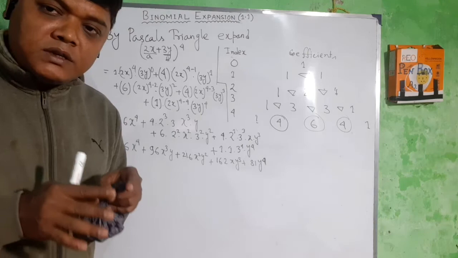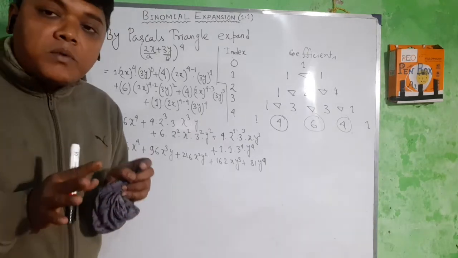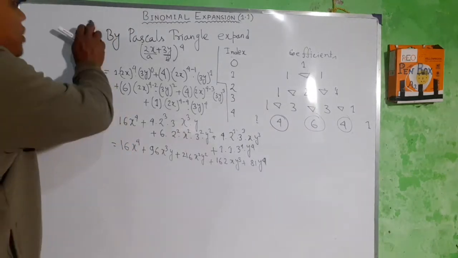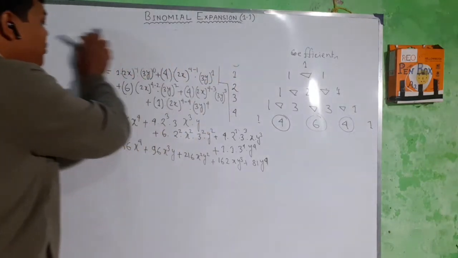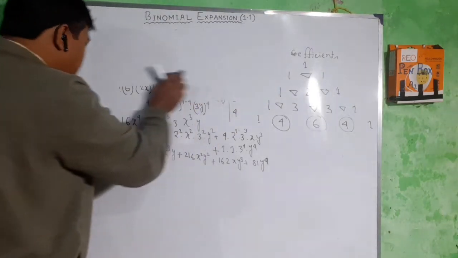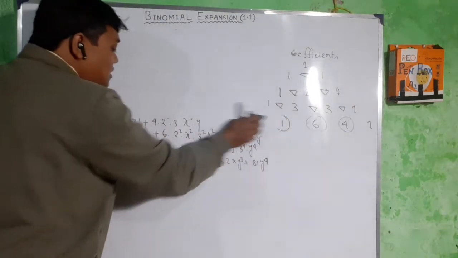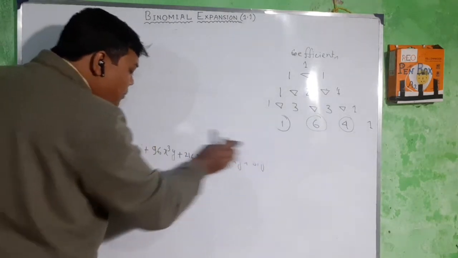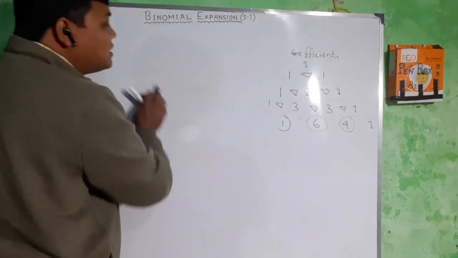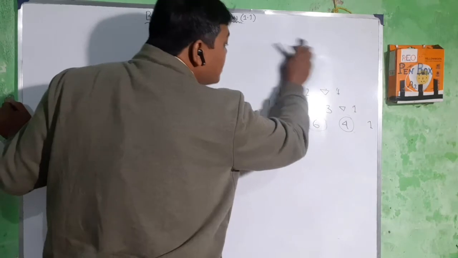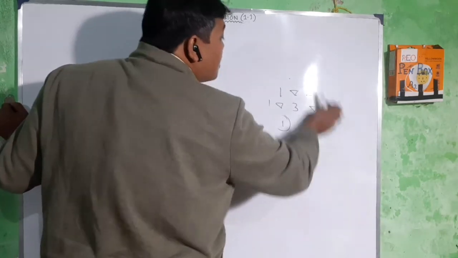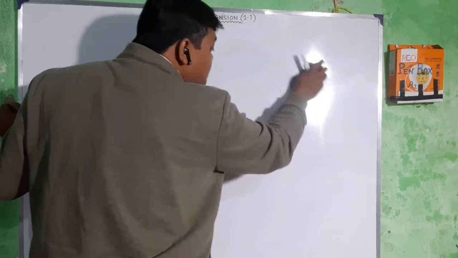You will see it. First, what about nCr? Because this nCr will play the role in binomial expansion. nCr means combination; these combinations are the coefficients of the expansion.